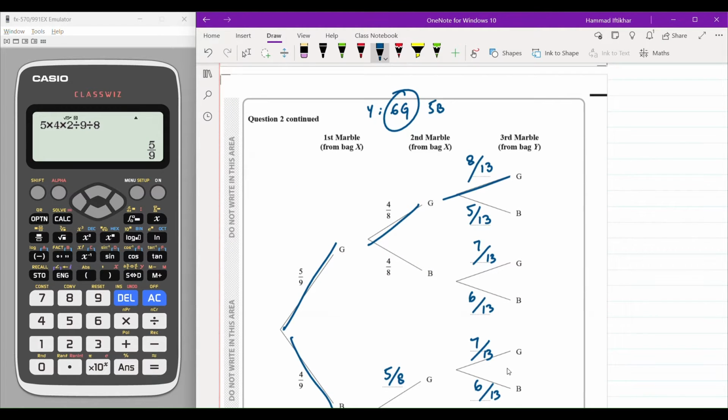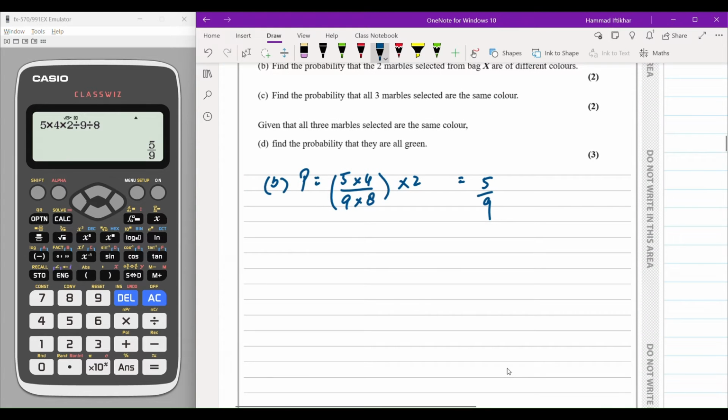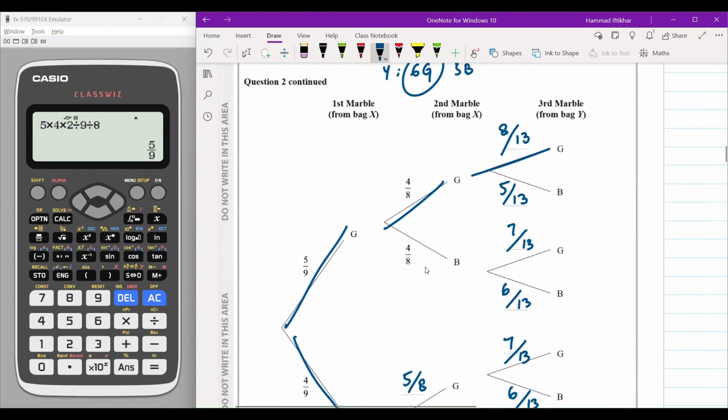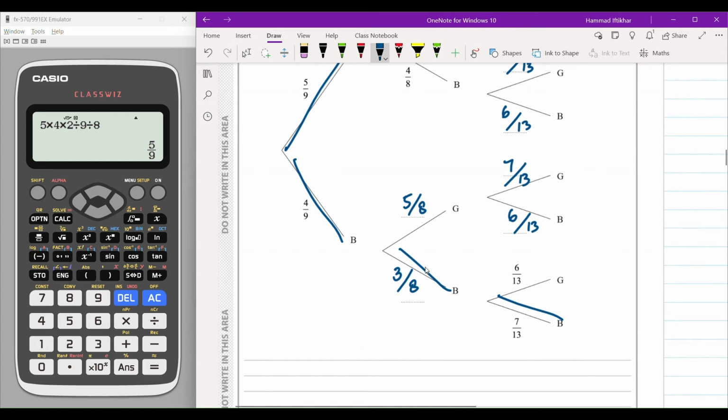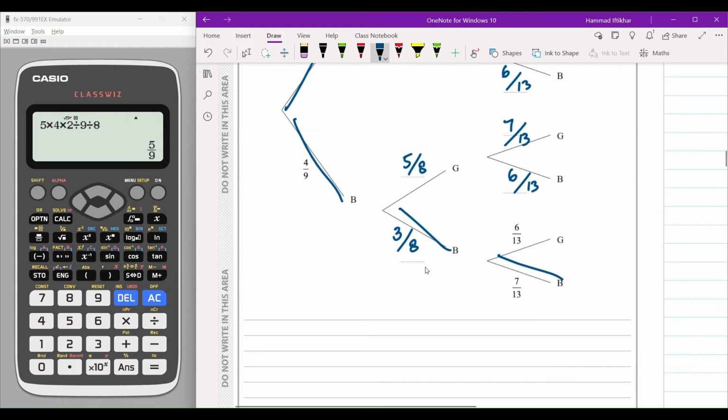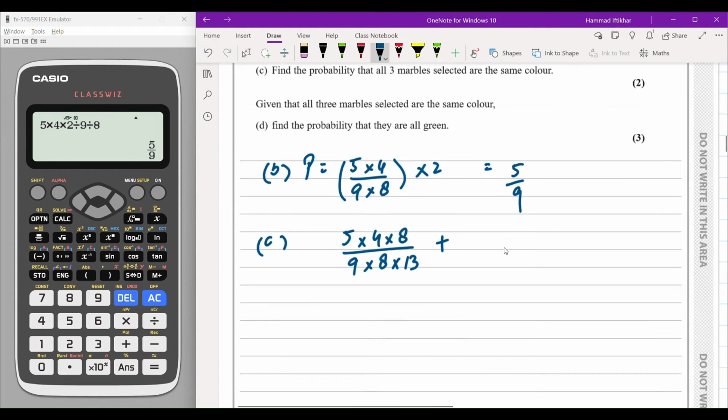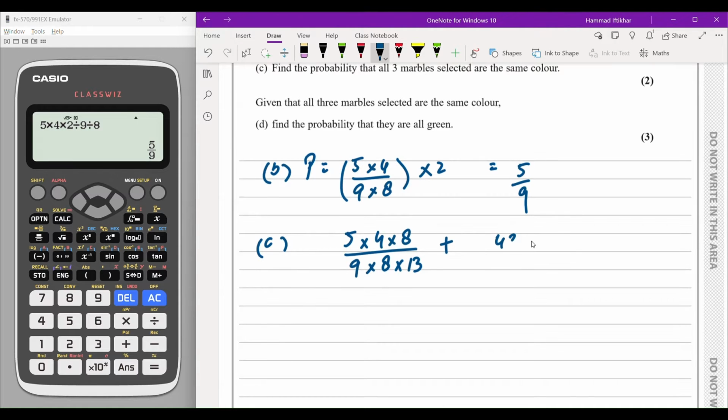So 5, 4, 8 over 9, 8, 13, plus 4, 3, 7 over 9, 8, 13. Just the numerators 4, 3, 7 and the denominators 9, 8, 13.